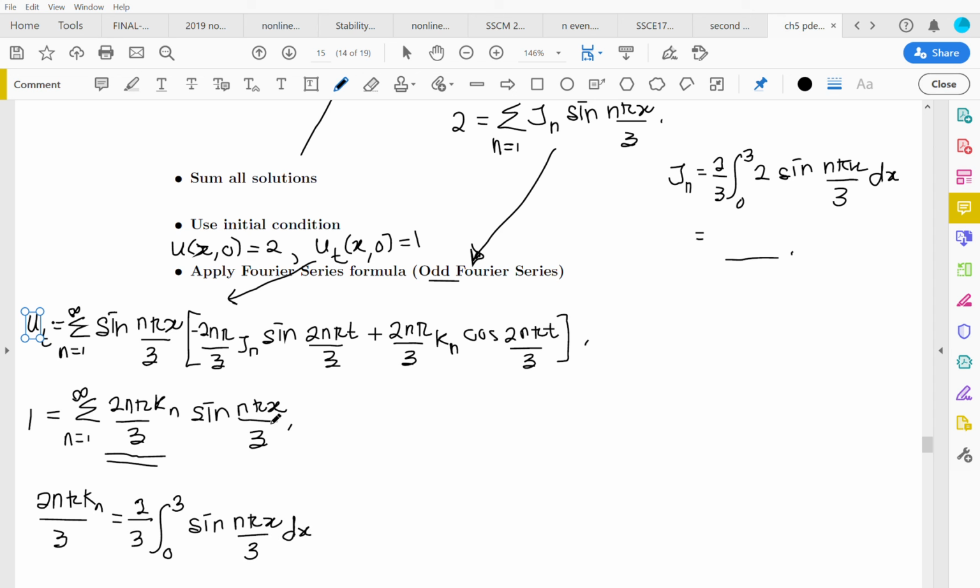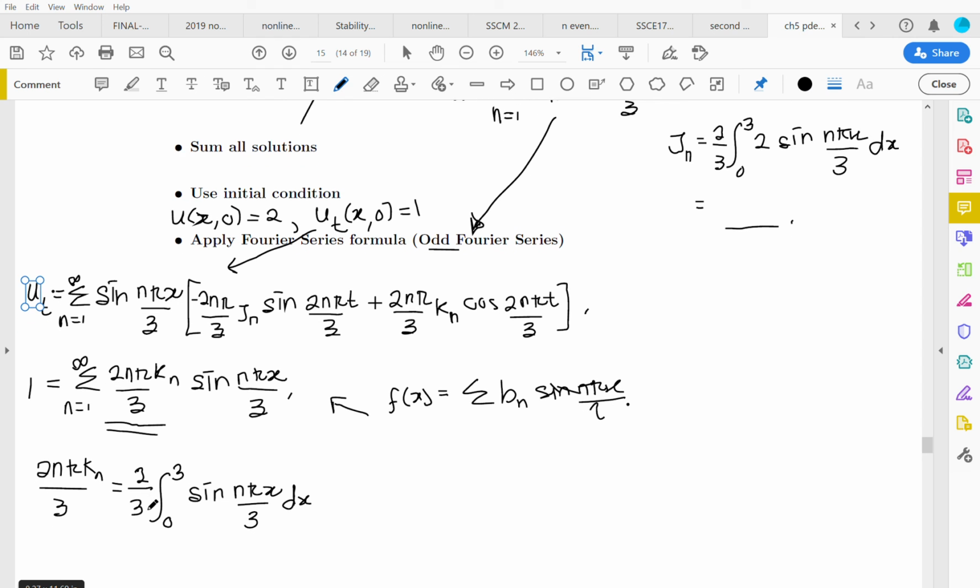Okay, because we compare this with the Fourier series formula for an odd function, fx equal to summation bn sine n pi x over l. Sorry, bad writing. So here bn is actually all this. That's why be careful here. We have to take all this to find the constant.